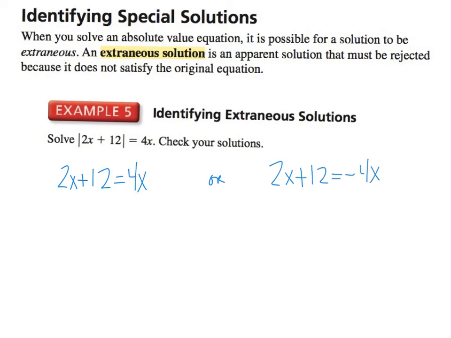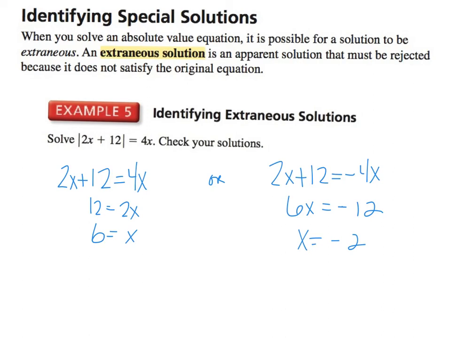So if we solve these, I'm just going to subtract 2x. That gives me 12 equals 2x. Divide by 2, x equals 6. And then we add 4x. That gives me 6x. I subtract the 12, equals negative 12. Divide by 6, I get x equals negative 2.